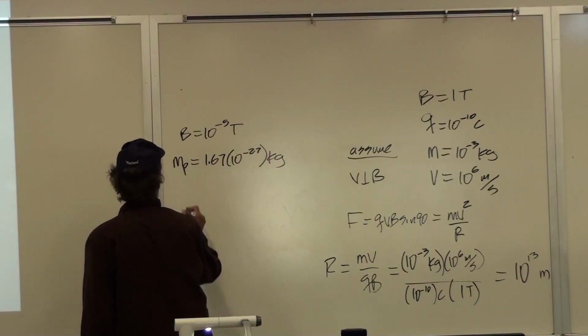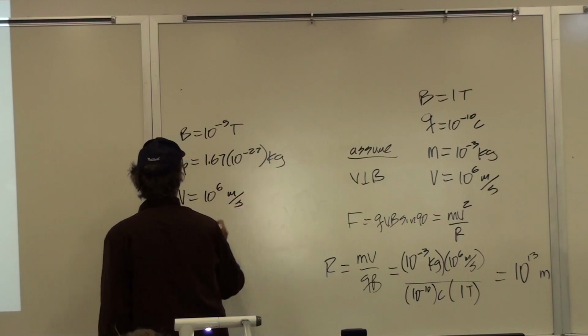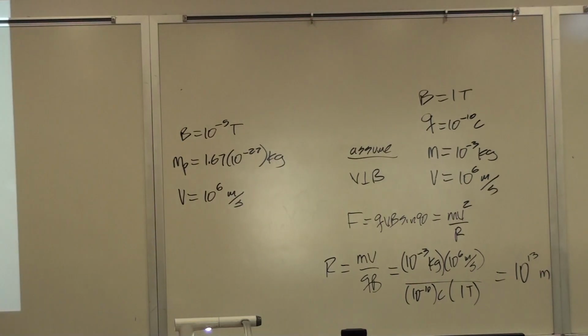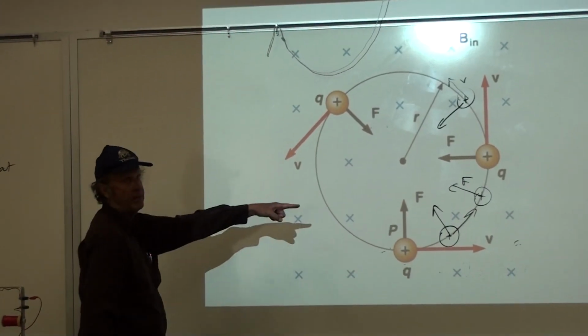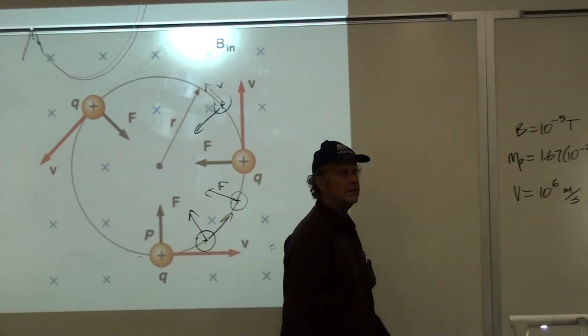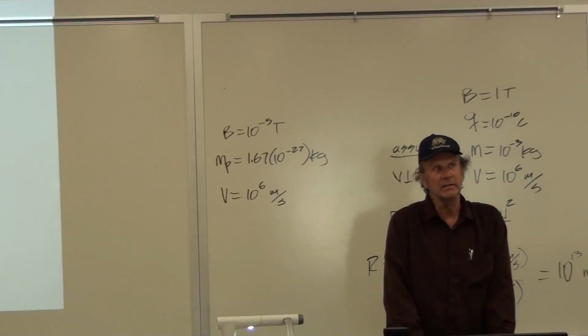The velocity, let's say, is 10 to the 6 meters per second. Okay, and so this could be like a solar wind particle. So you could have a particle being shot out by the sun. The sun evaporates something like 1 million tons of high-energy protons per second.